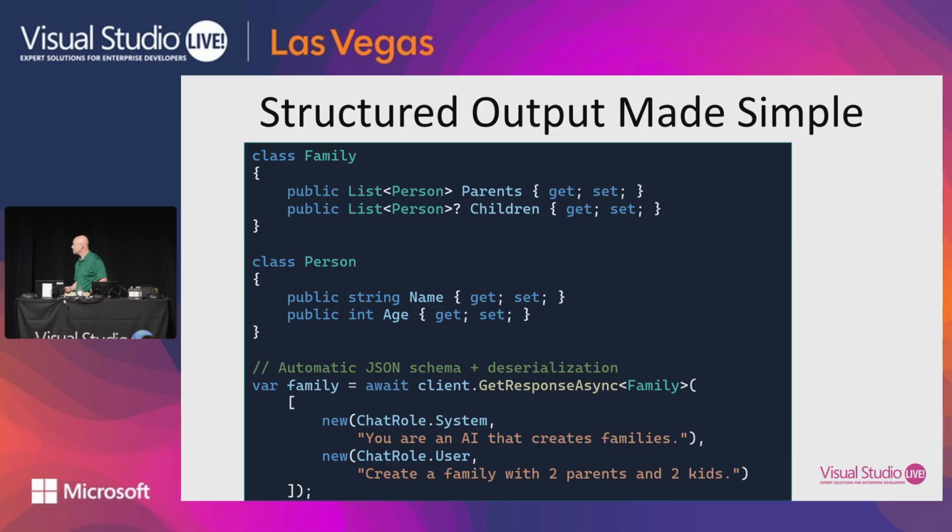When I started using this, it cut out a lot of just stupid code, right? All this JSON juggling and parsing and all that stuff. So we've got lists of classes, and then we just say GetResponseAsync of a family, and it's mapped, right? Collections, nested, all that kind of stuff is handled for you.